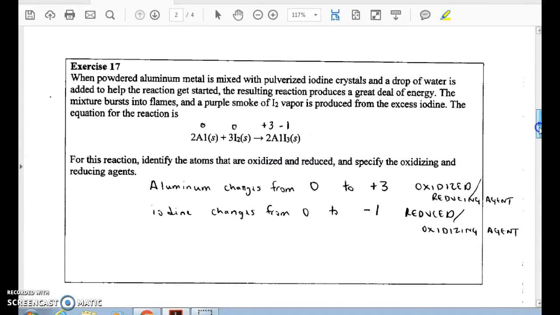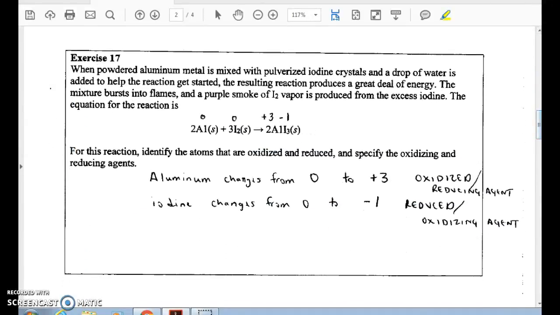So in exercise 17, I have written in the oxidation states of the atoms for the reactants and the products. In the reactants we have the metal aluminum, the element in its elemental state. So any element has an oxidation state of 0. And then we also have solid diatomic iodine, which is the elemental state of iodine.